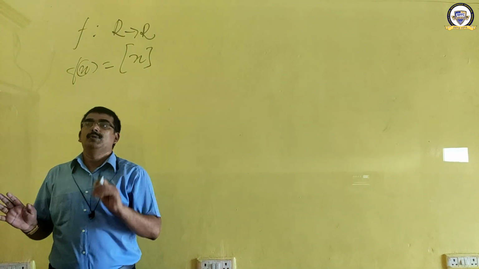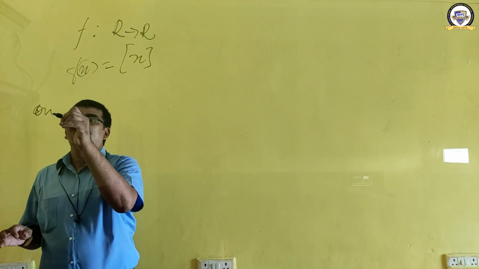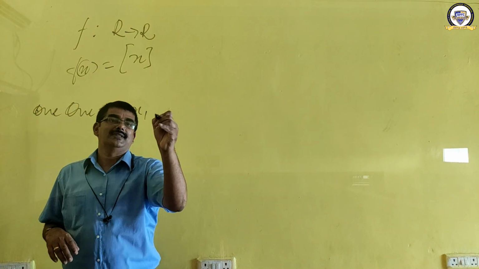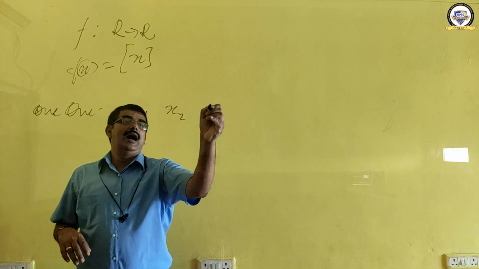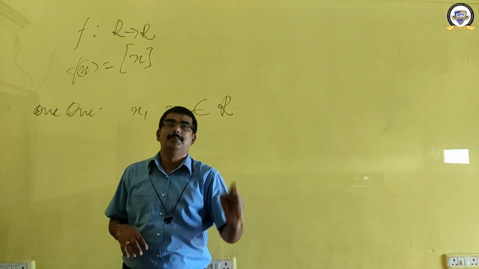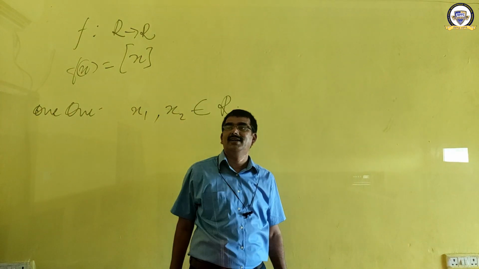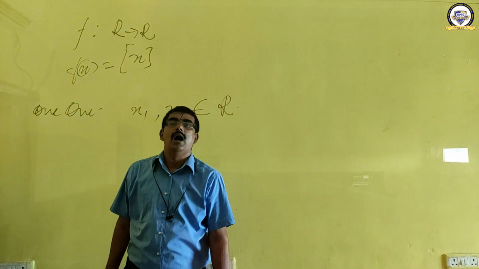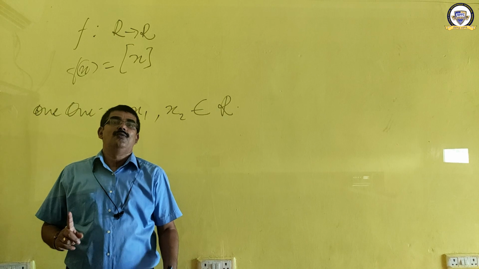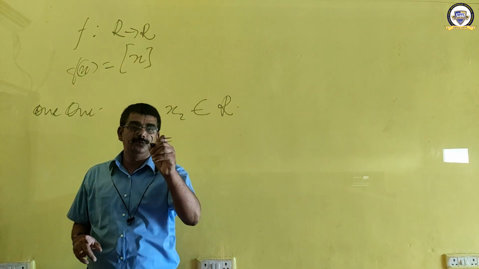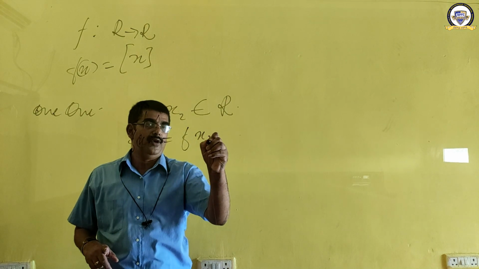If you want to prove that it is not 1-1, what do you have to do? First of all, we have to take x1 and x2 as members of the real number. Let us consider two members of the real number, x1 and x2, belonging to R. Then next, we are going to assume that f of x1 is equal to f of x2.